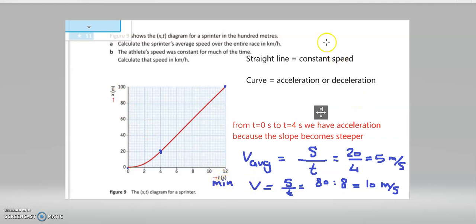And remember, from kilometers per hour, if we want to go to meters per second, you need to divide by 3.6. And if we want to go from meters per second to kilometer per hour, then multiply by 3.6.